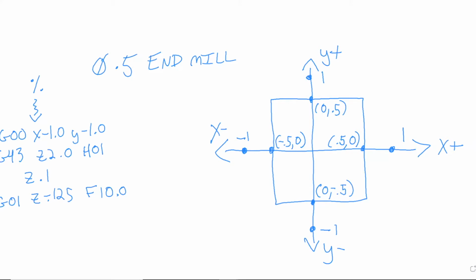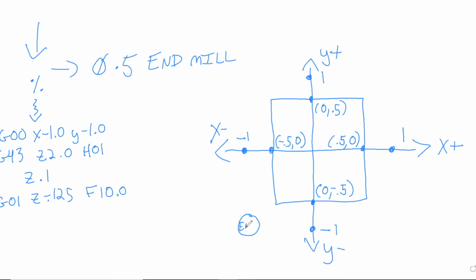All right, so looking at this information I wrote here on the left, we want to use a 1/2-inch end mill, and we're going to rapid to point -1 on the X and -1 on the Y. So looking down at the top view, we move to right here with our cutter. This is the end mill.